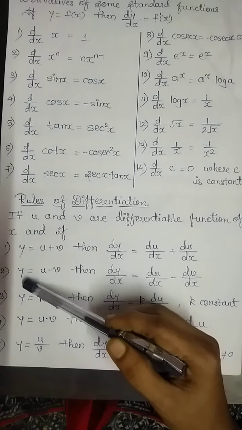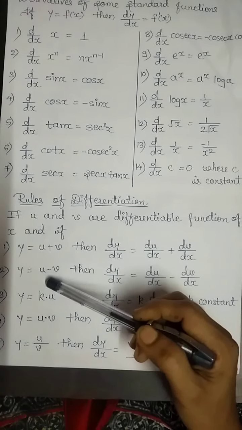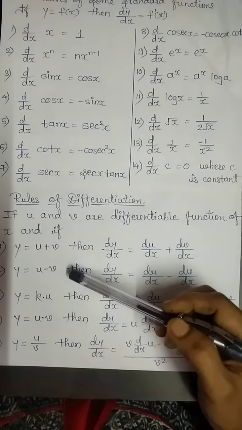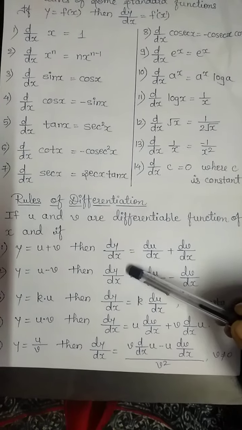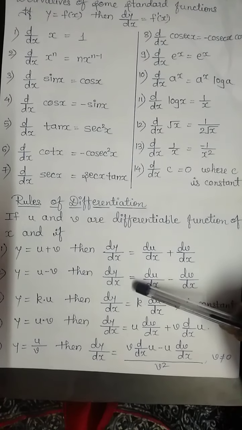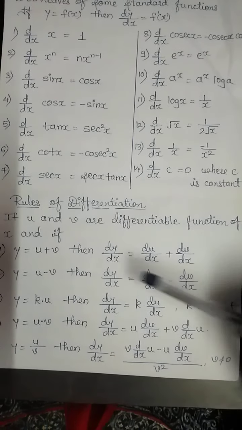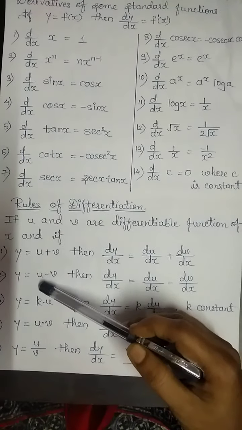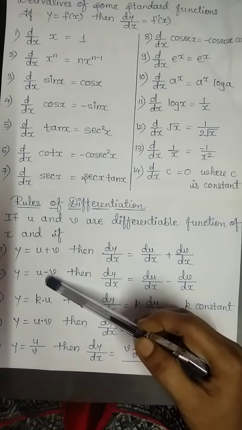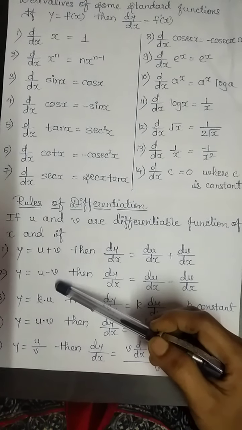Now second, y is equal to u minus v. Here also while finding the derivative we will get dy by dx is equal to du by dx minus dv by dx. Simply we will find the derivative of u, middle sign minus will be as it is, and derivative of v.